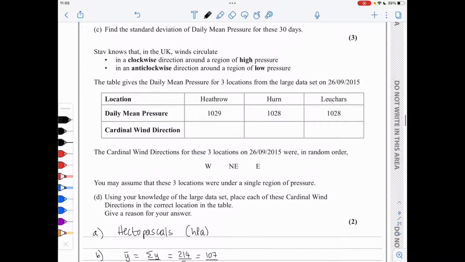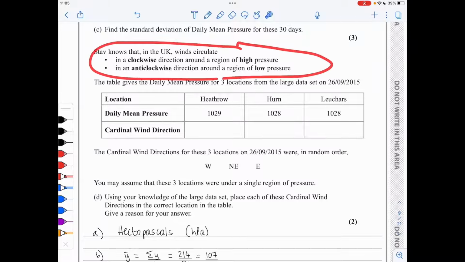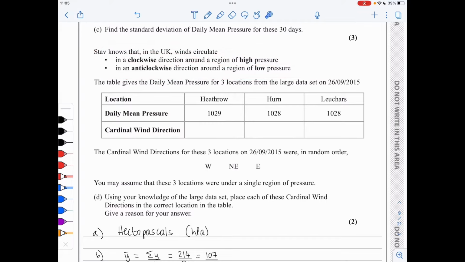Now in D, we've got lots of information given here. Let's quickly go through this. We know that in the UK, when we've got a region of high pressure, we've got winds circulating in a clockwise direction. When we've got a region of low pressure, then the winds are moving in an anti-clockwise direction.